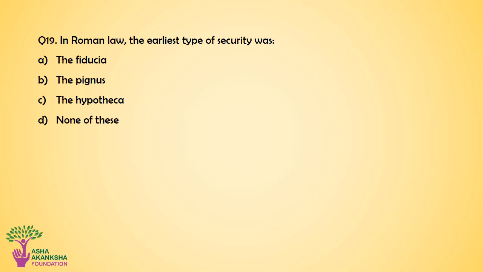Question number 19. In Roman law, the earliest type of security was option A, the fiducia, option B, the pignus, option C, the hypotheca, or option D, none of these. The correct answer for this question is option A, the fiducia.